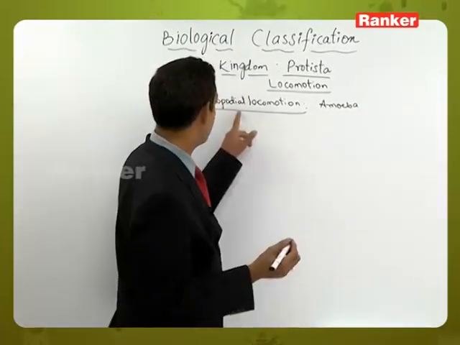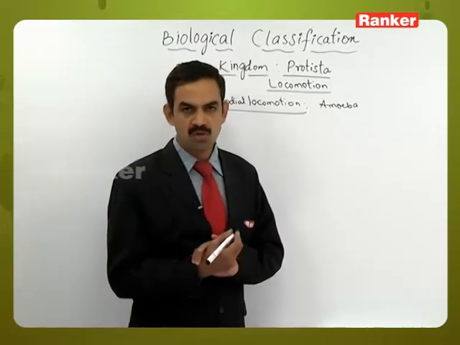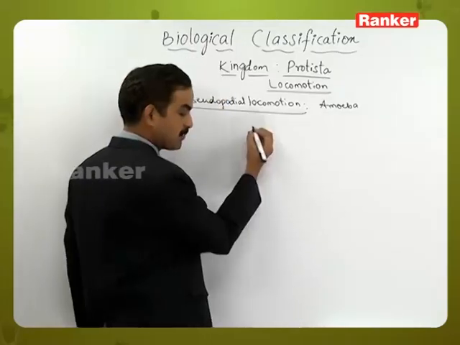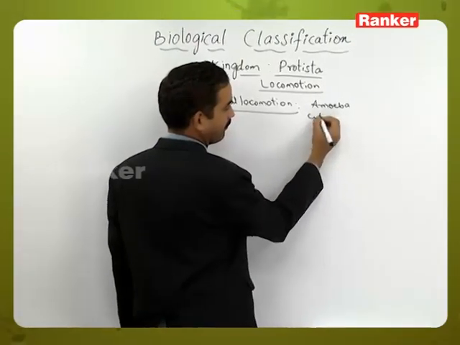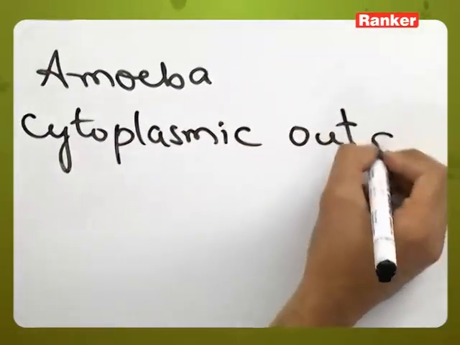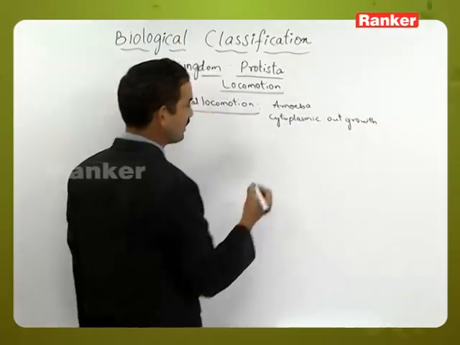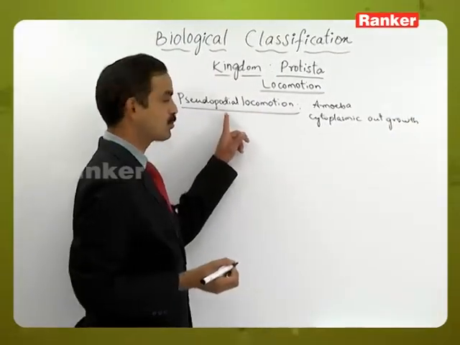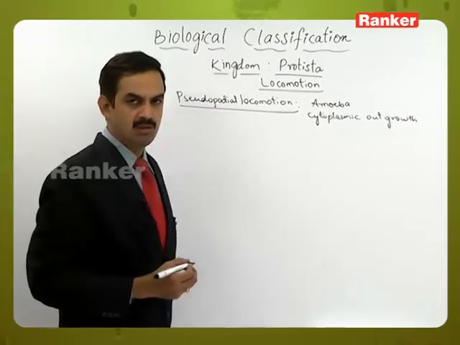These cytoplasmic extensions are called pseudopodia, which help in the locomotion of the organism. With the help of the pseudopodia, they move the body.